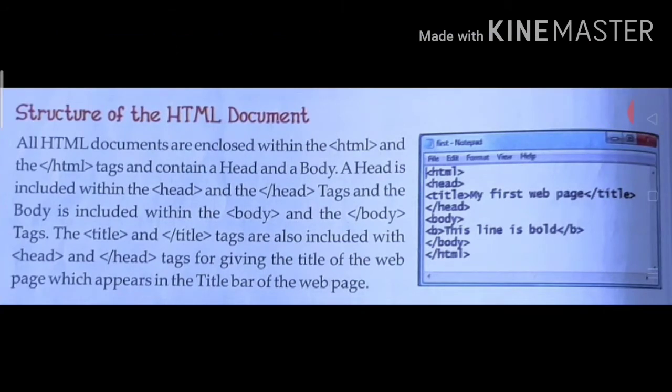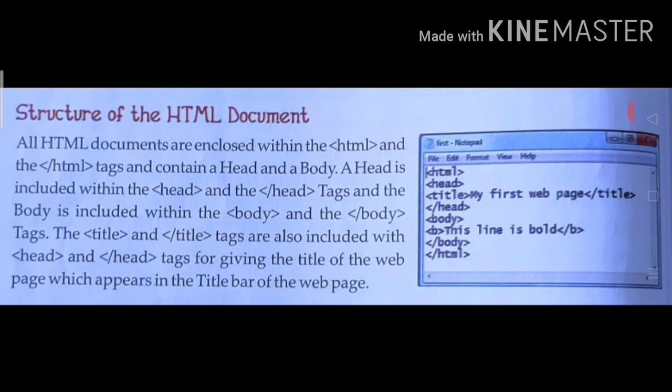Now next topic is structure of the HTML document. All HTML documents are enclosed with the HTML tag and the forward slash HTML tag, and contain a head and a body.